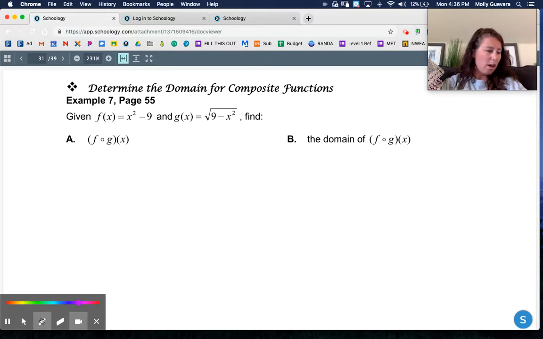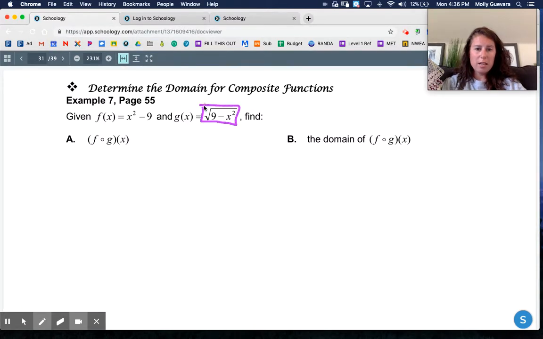Okay, so here I have f of x and g of x, and I want to find the composition. So the g, right, this guy is going in for f. So f of g of x equals, instead of x squared, it's the square root of 9 minus x squared, minus 9.